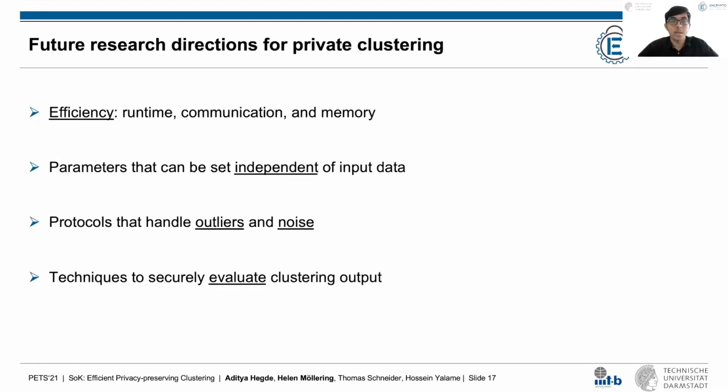Application of secure clustering in the real world requires designing protocols whose parameters can be set independent of the input data. The protocol should be robust to outliers and noise and should work well on different types of datasets. Finally, practical application requires developing techniques to securely evaluate the clustering output to enable selecting the best one among different runs and across protocols, like in the plain text scenario.